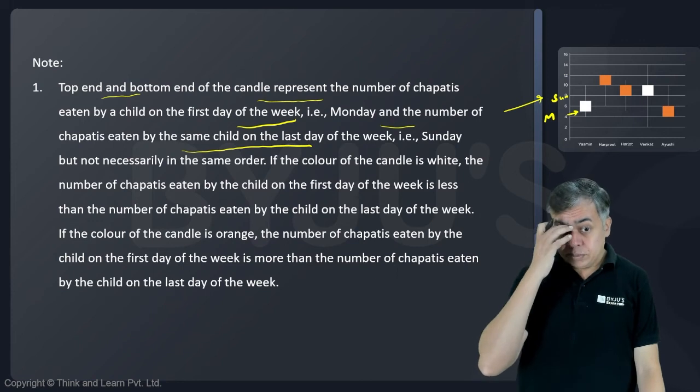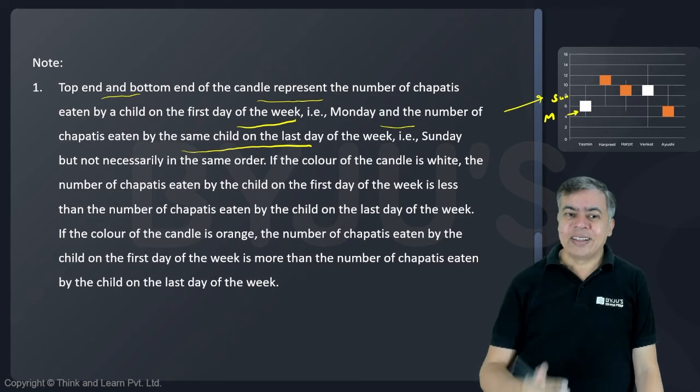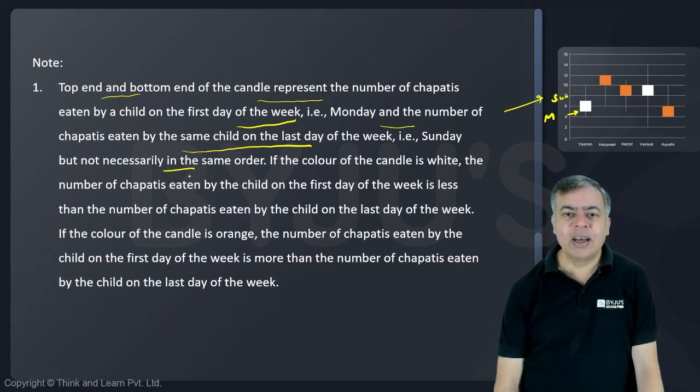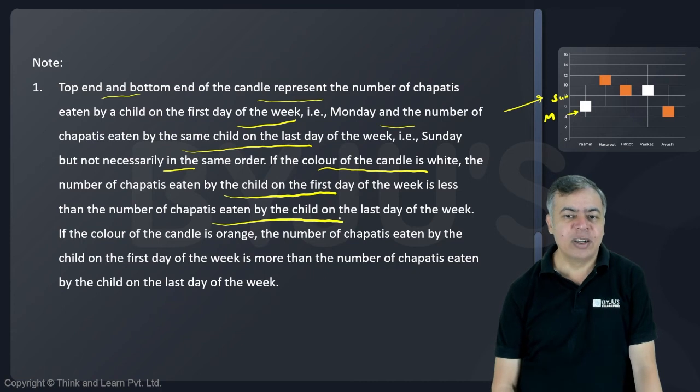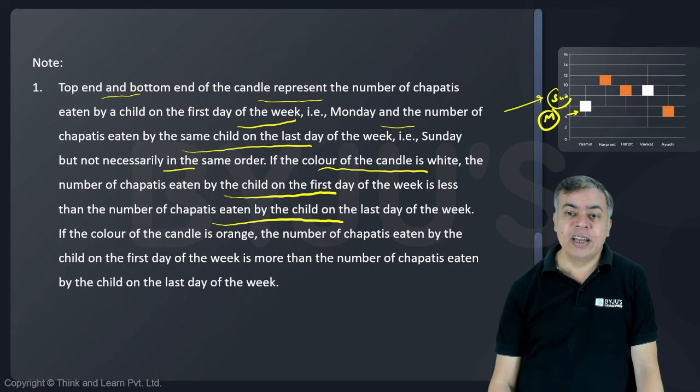It is written not necessarily in the same order, but the order is defined like this. If the color of the candle is white, the number of chapatis eaten by the child on the first day of the week is less than the number eaten on the last day of the week. So if it is white, Monday will be here, Sunday will be here.